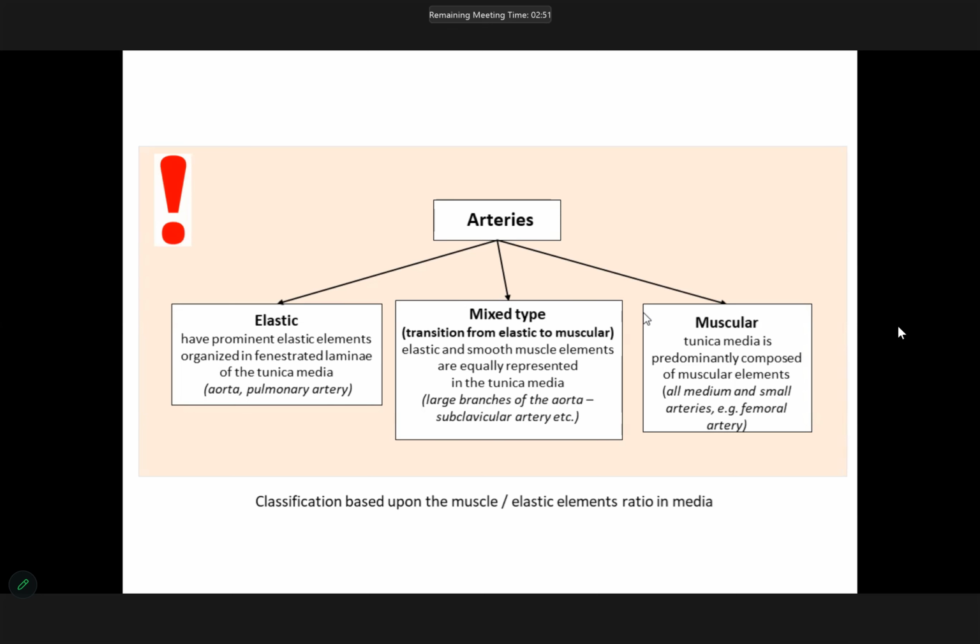All the other arteries in our body are of muscular type. We will see many sections of many organs, and in every organ we will have only muscular type of arteries. Elastic and mixed ones are aorta or pulmonary artery and their first branches, which are mixed ones. All other in our body are muscular arteries.